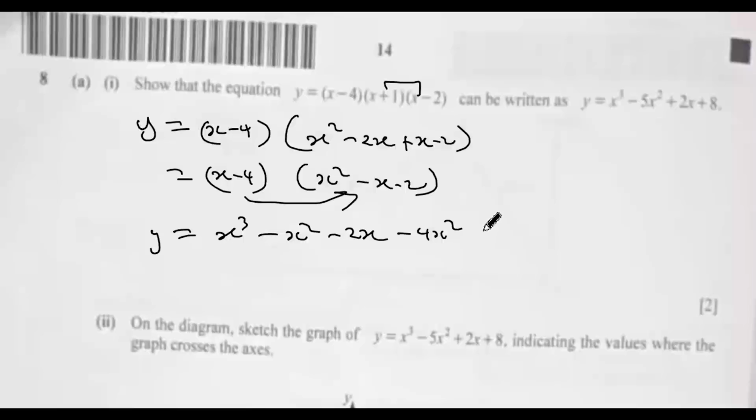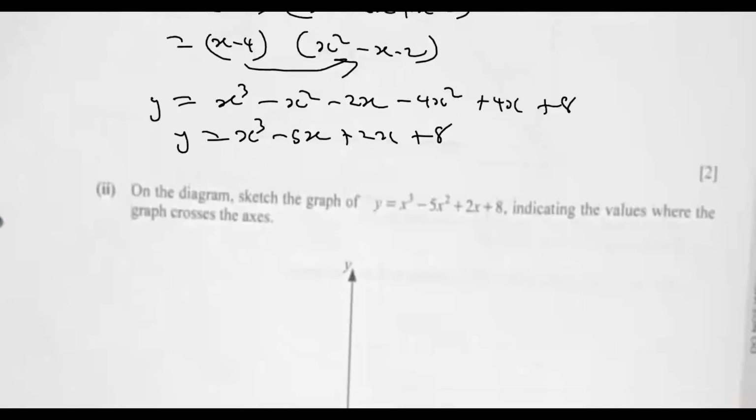Then you have plus 4x. Then you have plus 8. If you rearrange very well, you see that y equals x cubed minus 5x squared plus 2x plus 8. So that is what we're going to have here. Then let's scroll down to Roman figure 2 here.